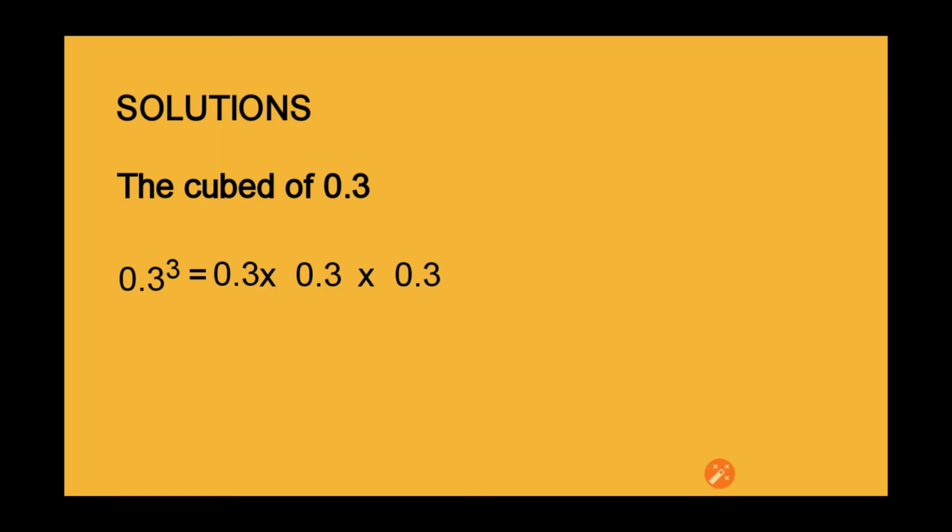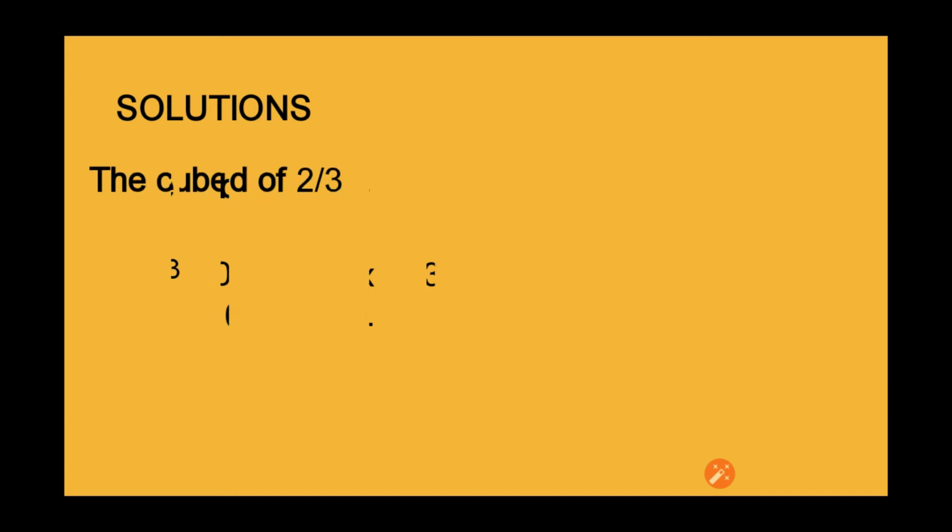I've taught you multiplication of decimals in first term, so we're just going to multiply this out, and we also know our multiples. 0.3 times 0.3 gives us 0.09, times 0.3. This gives us 0.027.